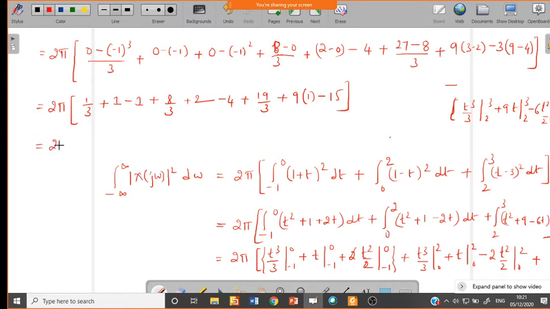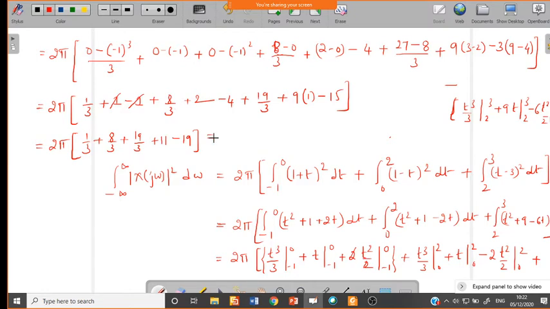Evaluating this value, plus 1 and minus 1 get cancelled. Whatever has 3, take one side: 1 by 3 plus 8 by 3 plus 19 by 3. The positive values 9 plus 2 is 11, and the negative values minus 15 minus 4 is minus 19.